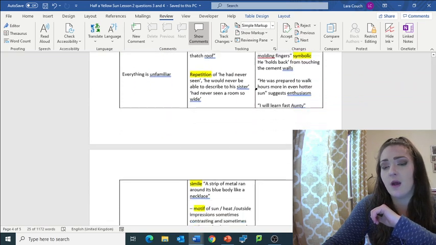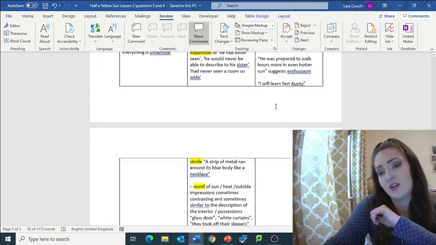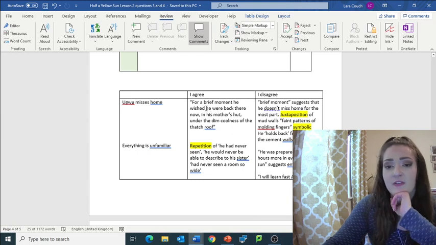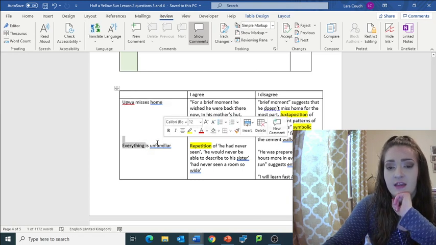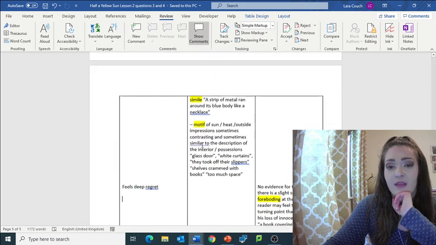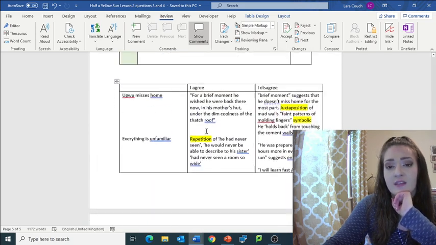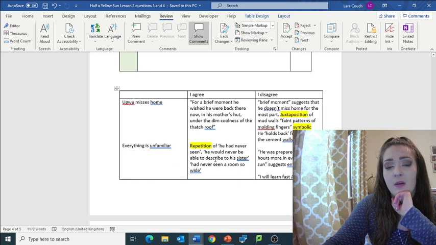So this is quite a hard text, a hard question. So again, Mrs. Furness has written a great grid here with points that attack the question, for and against. So there's an agree quote and a bit of analysis. So that would be Mum's points, and that would be her evidence, and she explains a bit more on that. So everything is unfamiliar. There's a quote for it, and there's actually a quote against it.